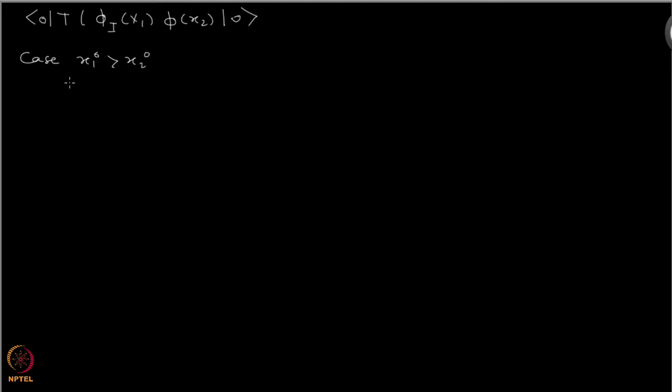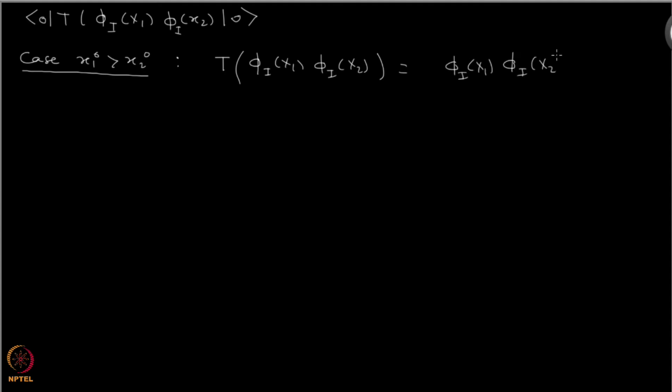In this case, the time order product of phi I x1 and phi I x2 is just phi I x1, phi I x2, right? Because this one has a larger time, so it sits to the left, and this one has a smaller time, so this sits to the right. That's the definition of time order product.